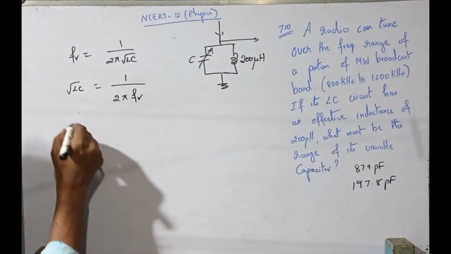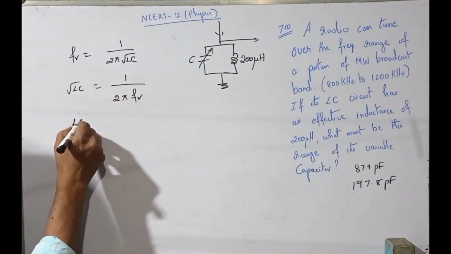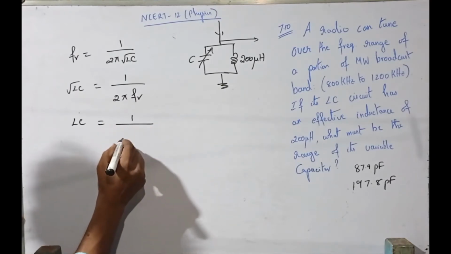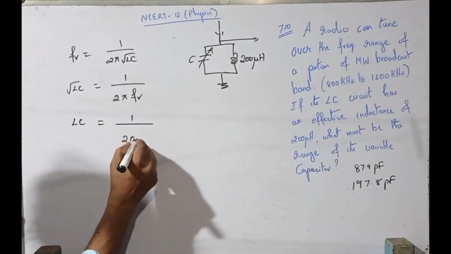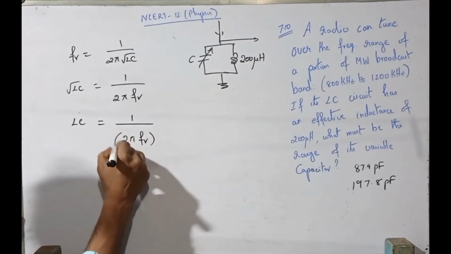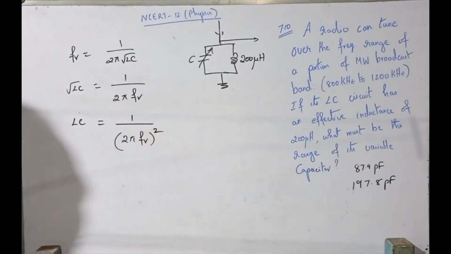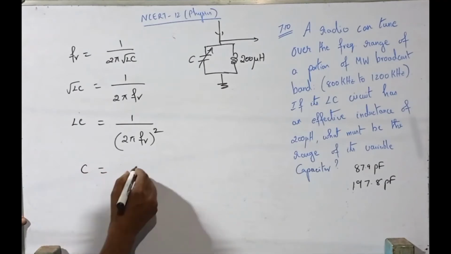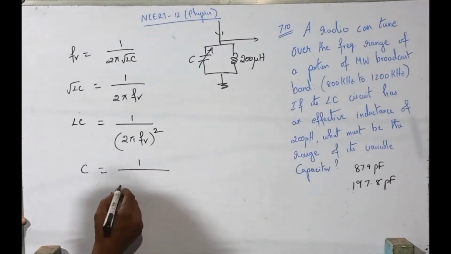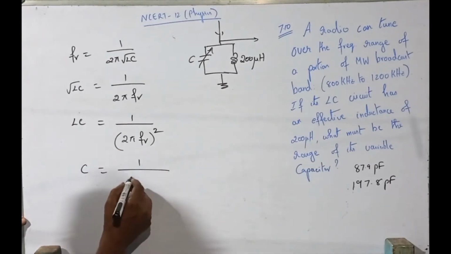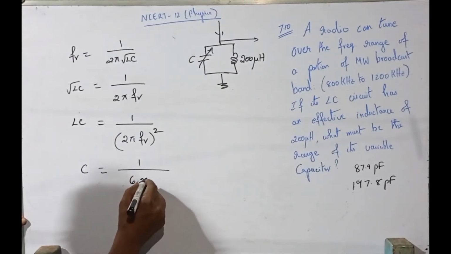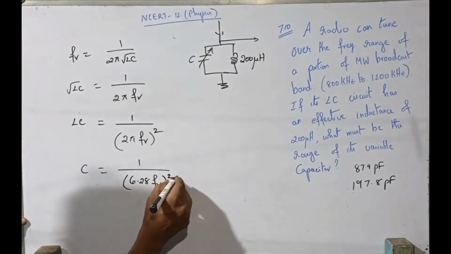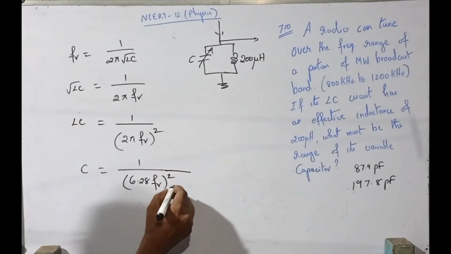Now squaring both sides, you will have LC equal to 1 divided by (2 pi FR) the whole square. Now we want C. So C is equal to 1 divided by (6.28 FR) the whole square multiplied by L.